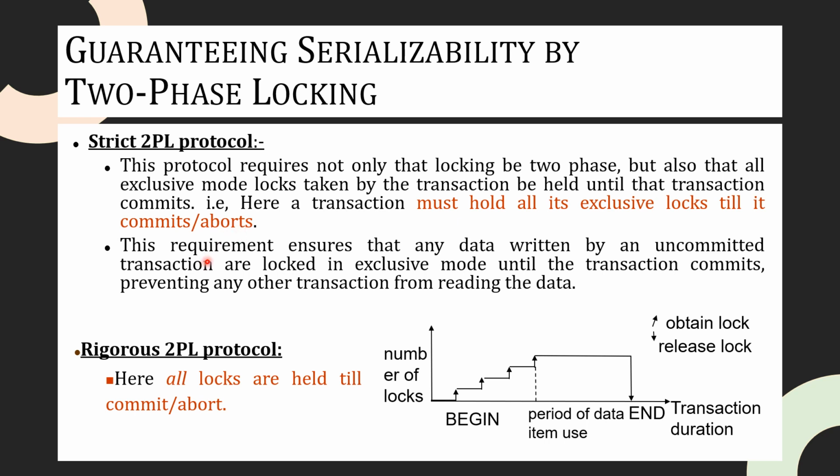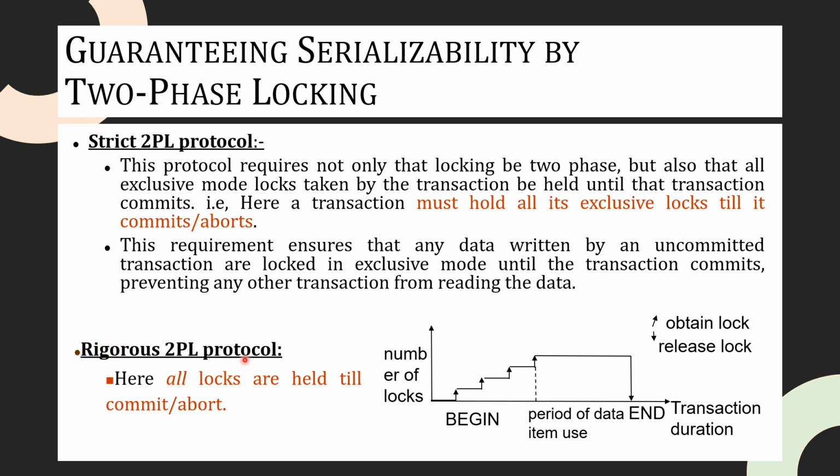This requirement ensures that any data written by an uncommitted transaction will be locked in exclusive mode. So it prevents dirty reads. It prevents any other transaction from reading the data. So strict 2PL holds all its exclusive locks till the transaction commits or aborts.